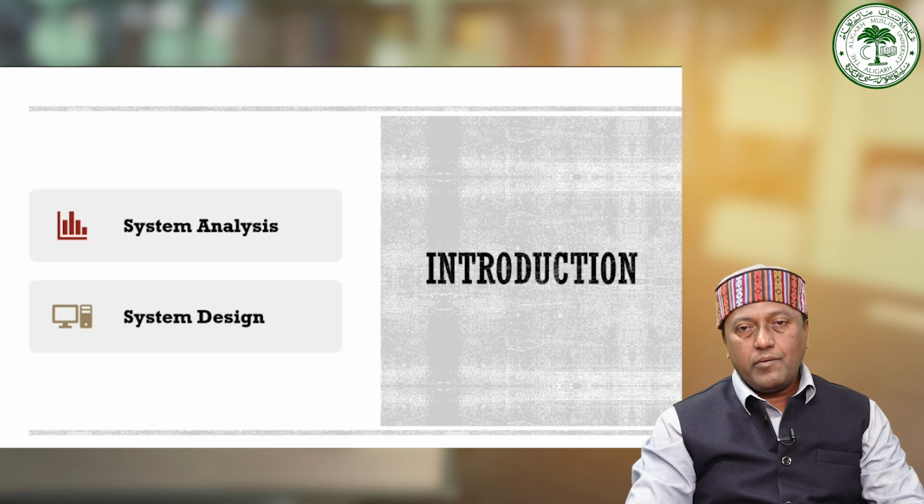So when we apply this tool or this technique in the library, and we presume that the library is also a system where the complete tool of analysis and design can be applied, and a result can be achieved.